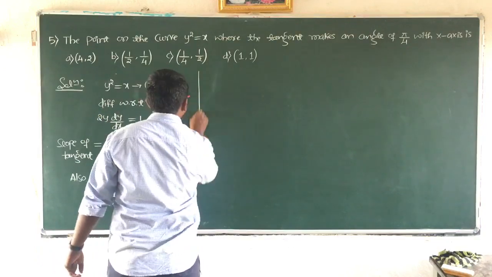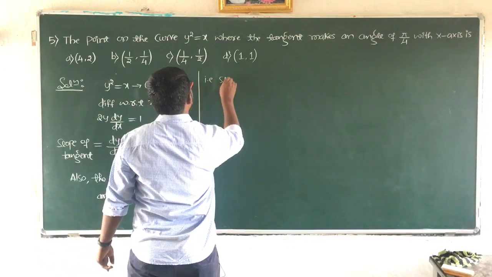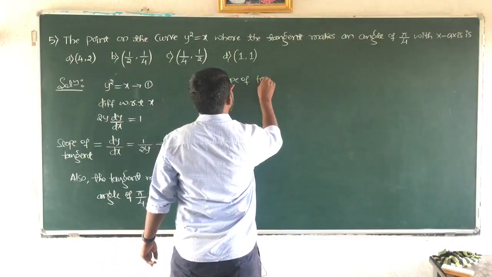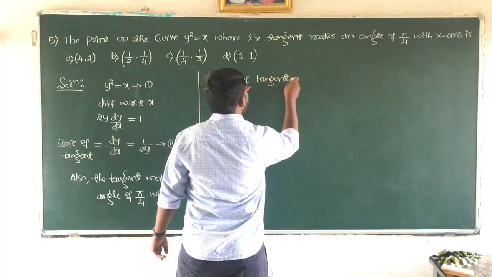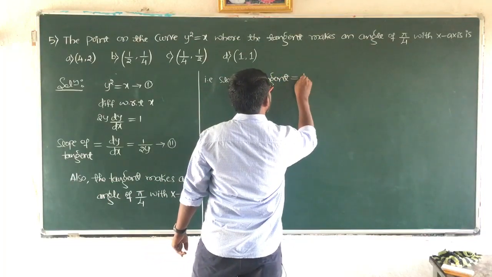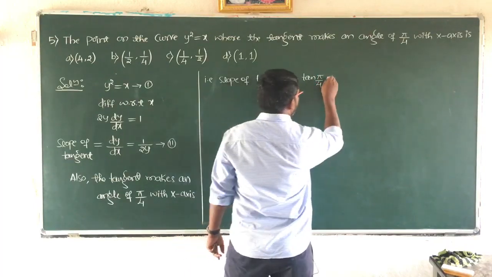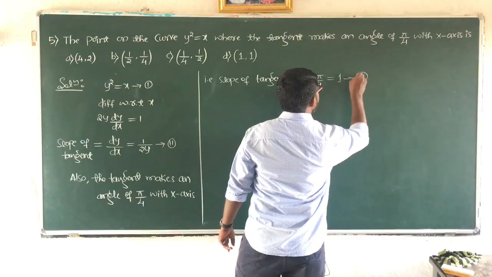So, that slope of tangent is equal to tan pi by 4, which is equal to 1. So, I call this as equation number 3.